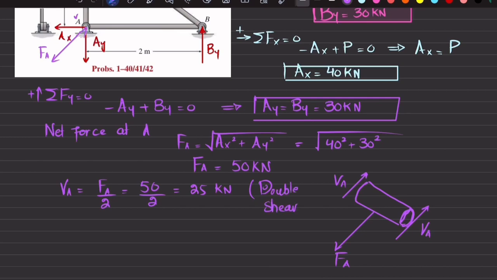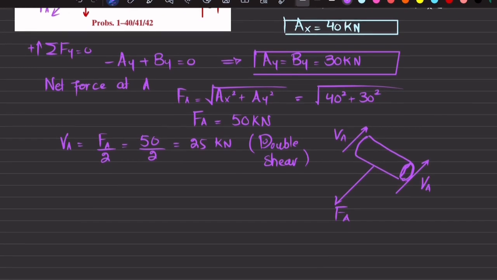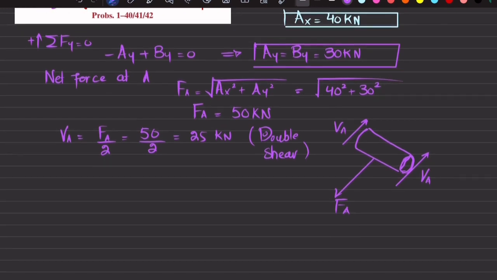Okay, now you have this shear force, so we will move and find the average shear stress. I will write average shear stress, which is equal to tau, and that is equal to shear force VA divided by shearing area. How will we find shearing area?